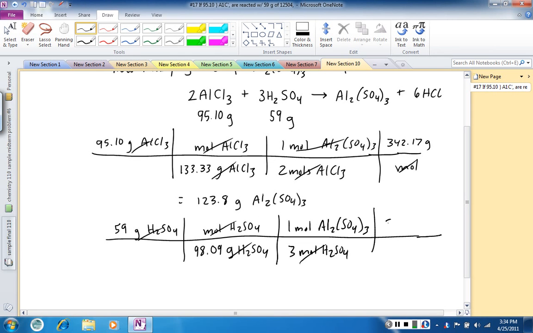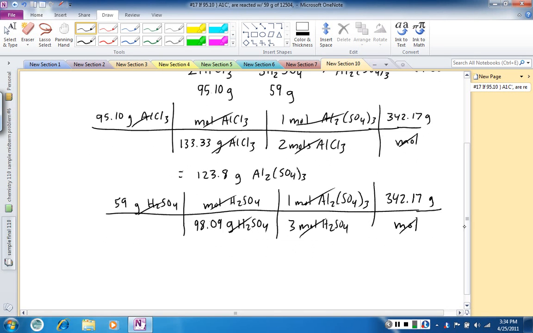And then the last step is of course the same. It weighs the same. And that one works out to be 69 grams, which is our answer we found the first time.